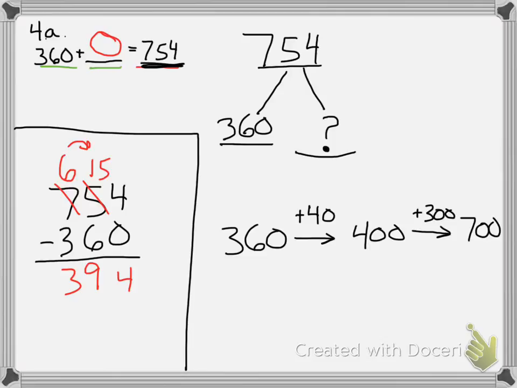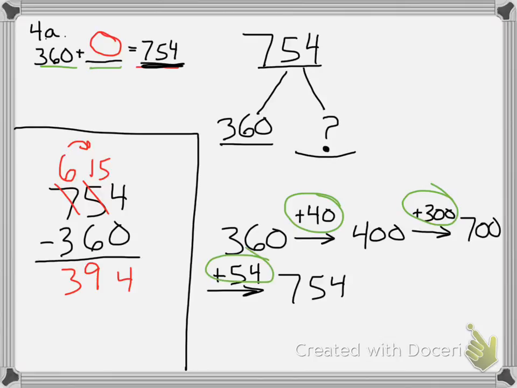54. So I've got plus 54, which will take me to 754. Now remember, when you do it this way, you do need to take all of these and add them up. So I'm going to go ahead and add these two first.